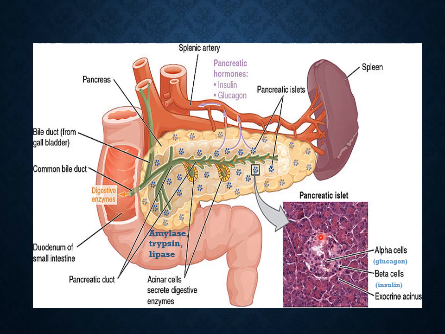It's important to understand there are two types of cells, beta cells and alpha cells, in the endocrine acinus, which are scattered within the gland. The upper border of the pancreas is closely related to the splenic artery and vein.